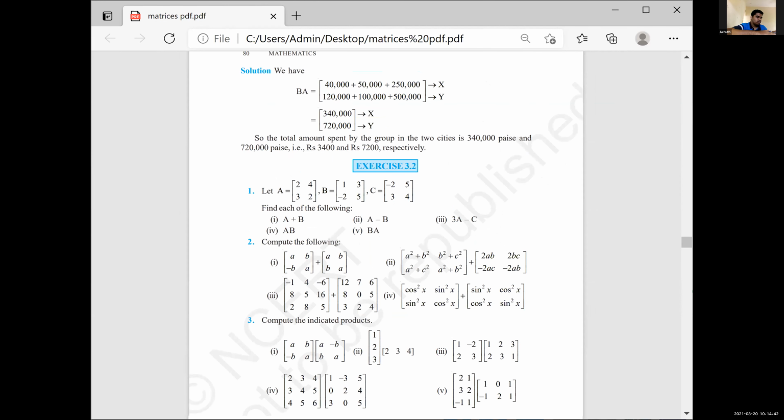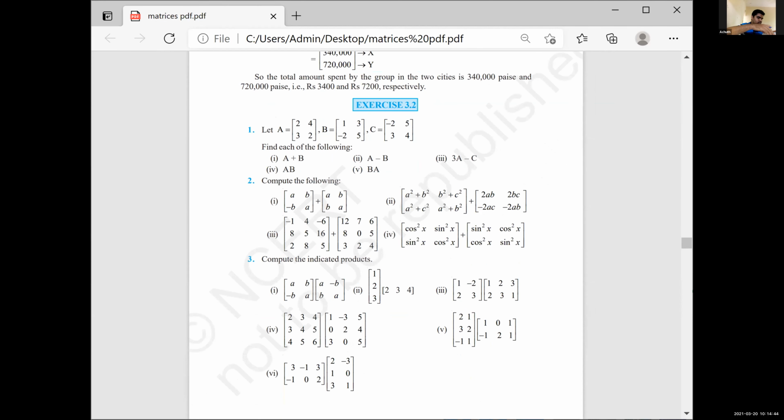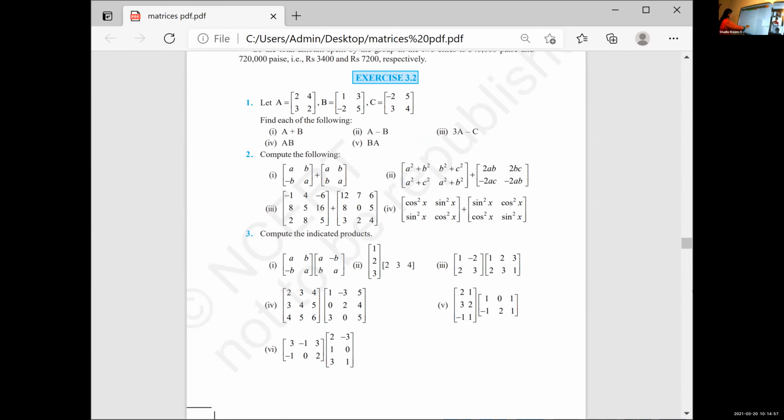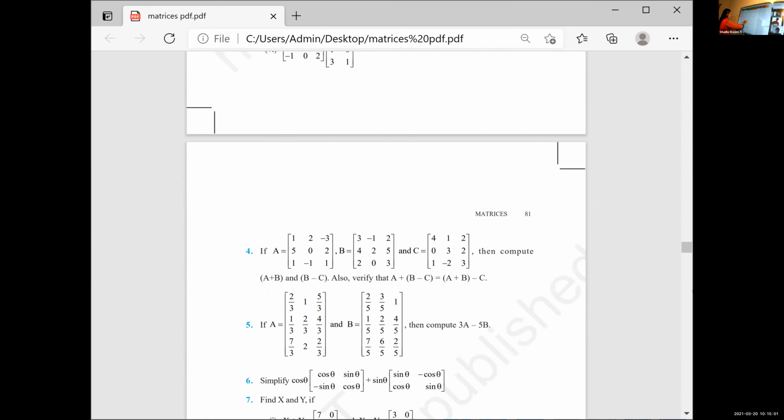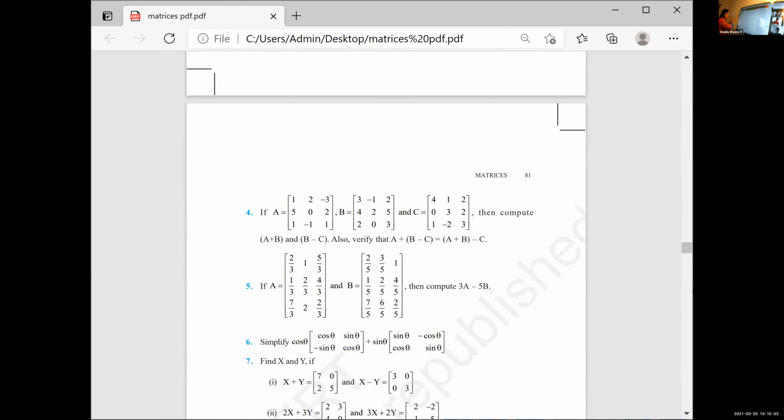In exercise 3.2, second question, the full second question with its 4 subdivisions is homework. The fourth one, fifth one, sixth one. 4, 5, 6 are homework.